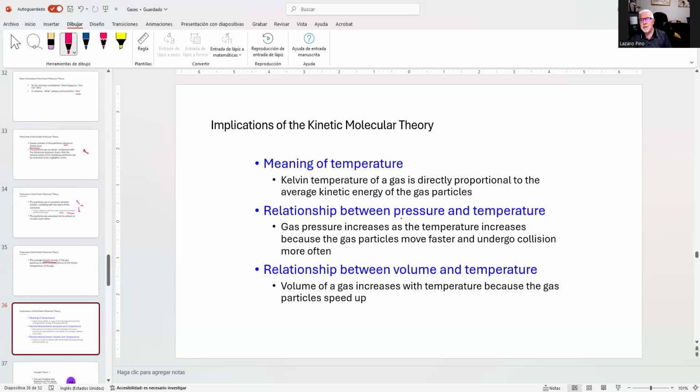The relationship between pressure and temperature: the gas pressure increases as the temperature increases, because the gas particles move faster and undergo collisions more often. The relationship between volume and temperature: the volume of a gas increases with the temperature because the gas particles speed up.